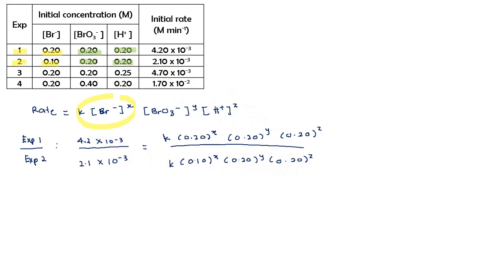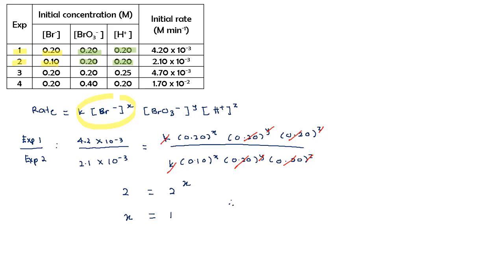And then we can cancel off all the unwanted information, and then you just compare to solve for x. So this one will be 2 to the power of x, and then use the law of logs and you log both sides, so you will get x equals 1.